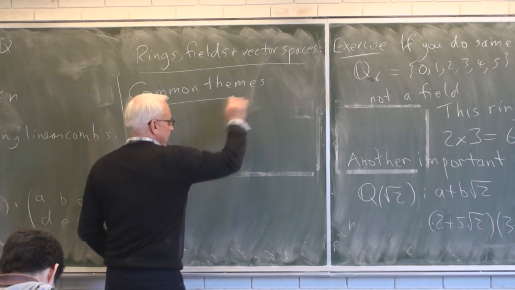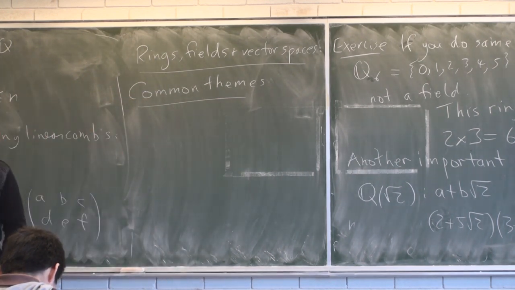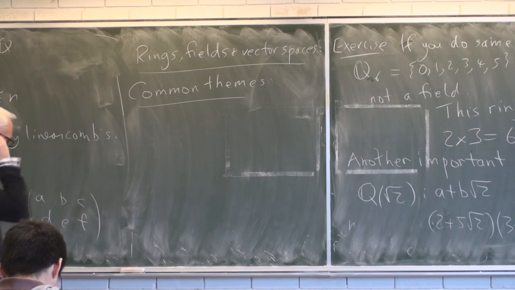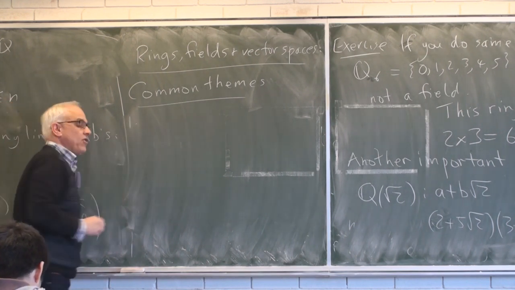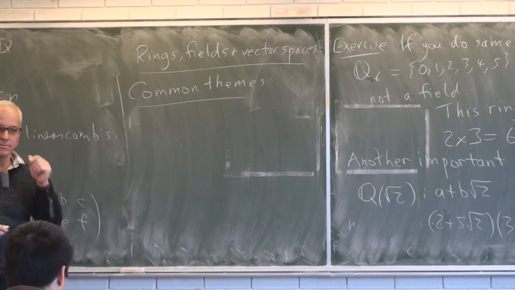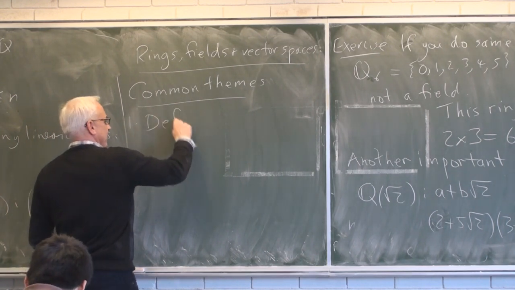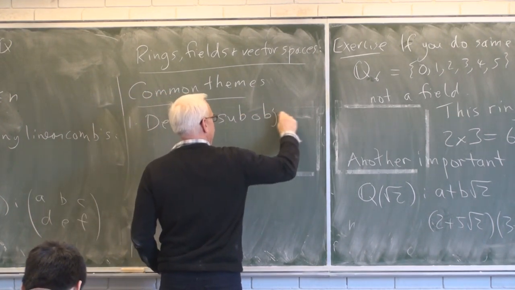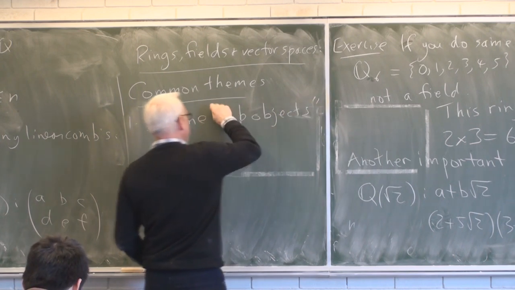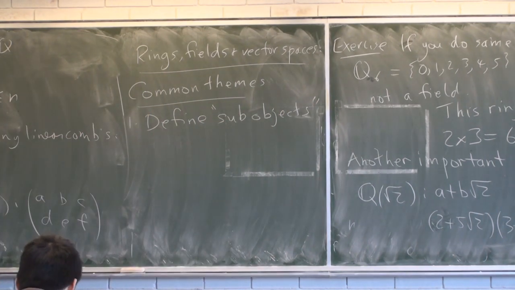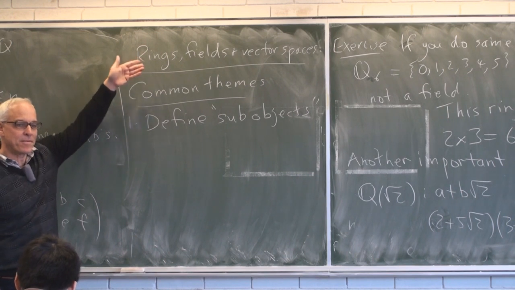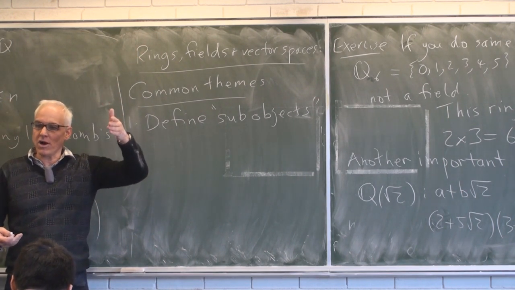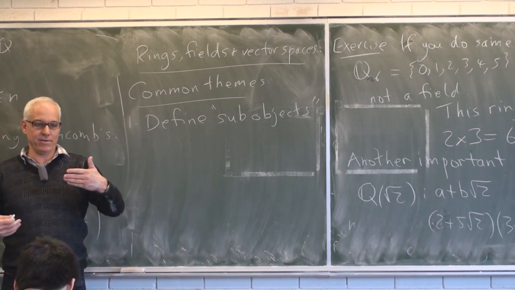So what are some common themes? Well, one is to define sub-objects. I better put that in quotes. Okay. So if you have a ring, you can ask, well, what are the sub-rings of that ring?